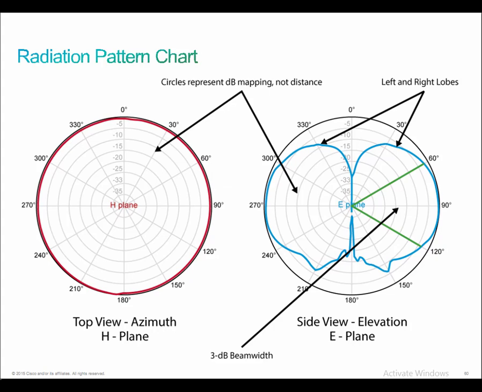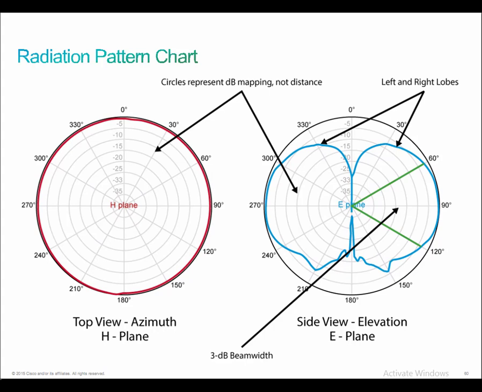You can see the concentric circles that are going around this pattern here. So the other points are labeled minus n dB, depending on how much weaker the signal will be in that given area than at the strongest point. All right.